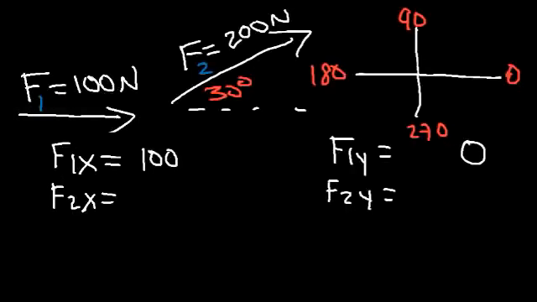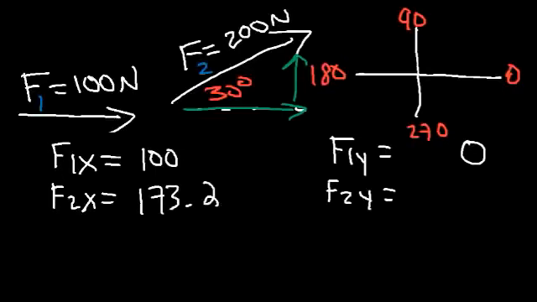Now, F2, however, is at an angle, which means it has an x component and it has a y component. To find F2x is going to be F2 cosine 30. If you type that in the calculator, 200 cosine 30, you should get about 173.2.